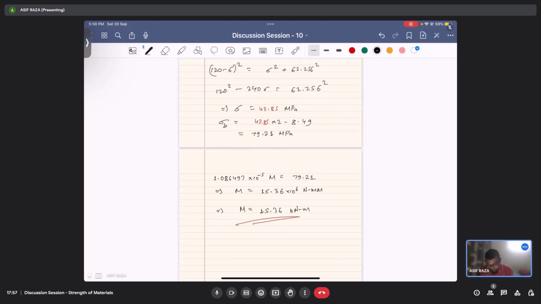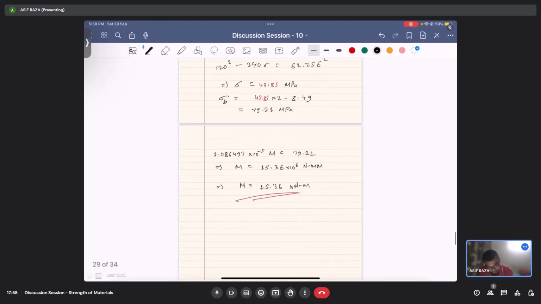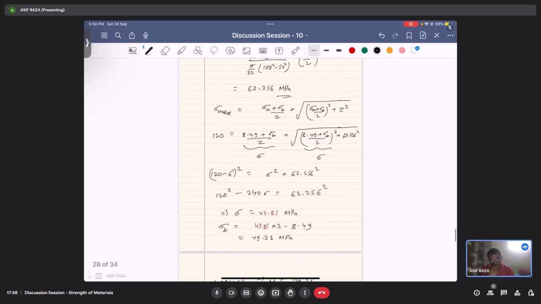Then 79.21 into 2 minus 8.49, divided by 1.086497 into 10 power minus 5, and this comes around 7.29. So 7.29 kilonewton meter is the correct answer.